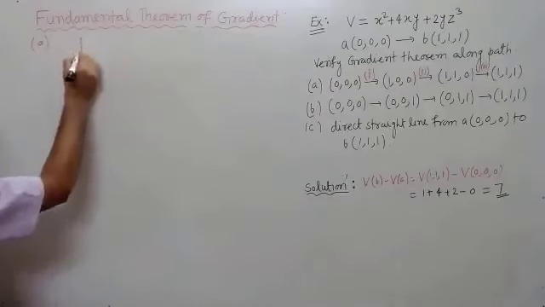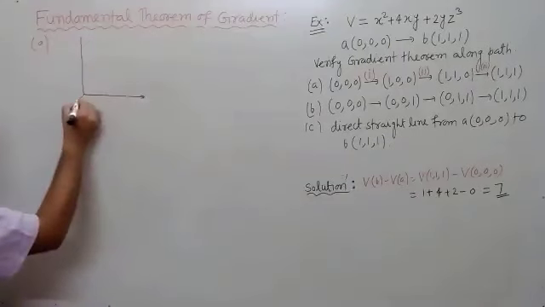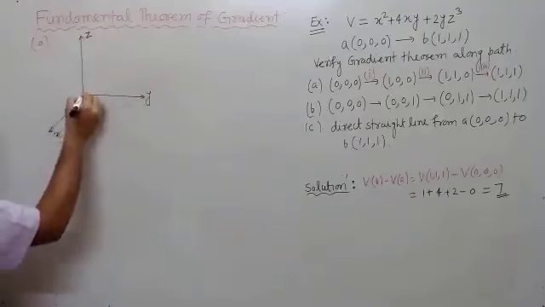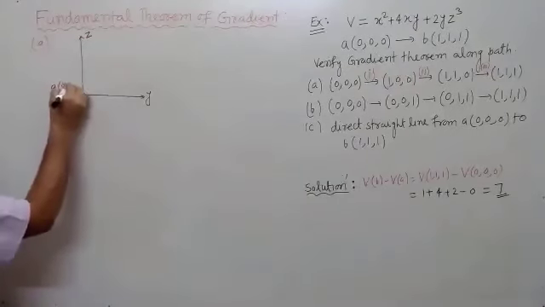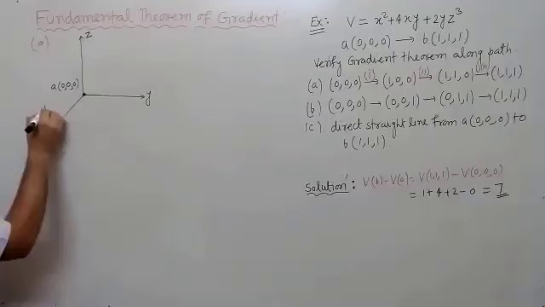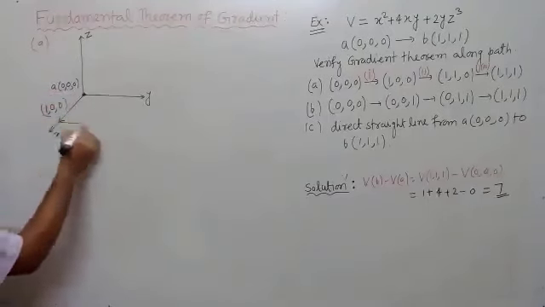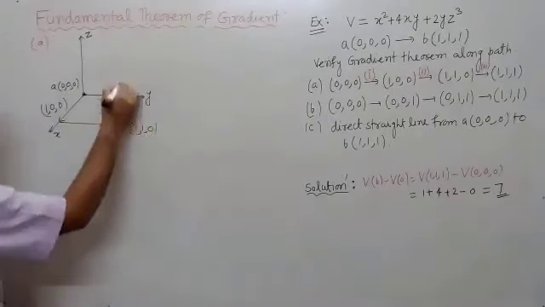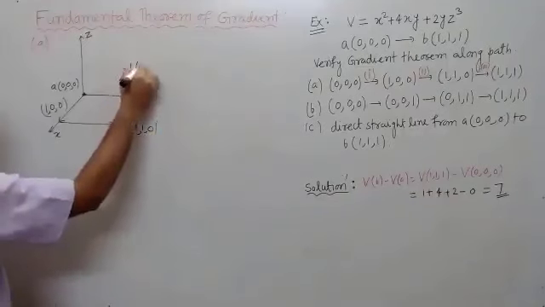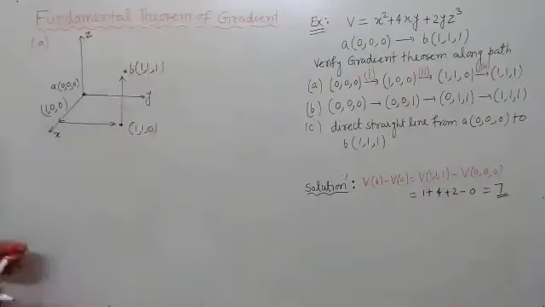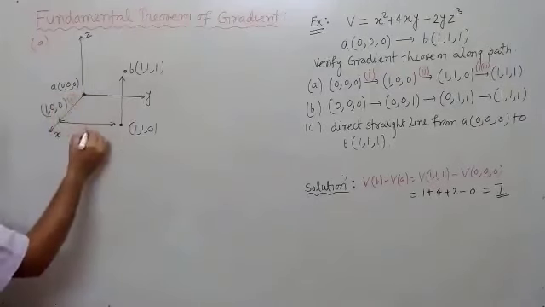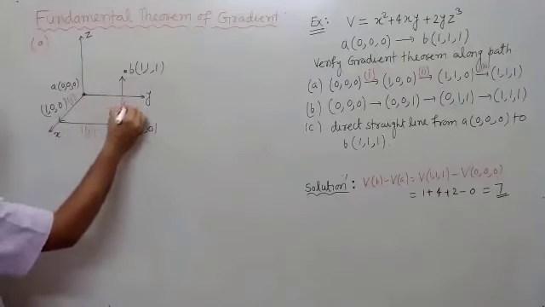So this is the path: X, Y, Z. This is A, A is 0, 0, 0. This point is 1, 0, 0. This point is 1, 1, 0. And this point is B, that is 1, 1, 1. So you have 3 different paths: segment 1, this is segment 2, and this is segment 3.